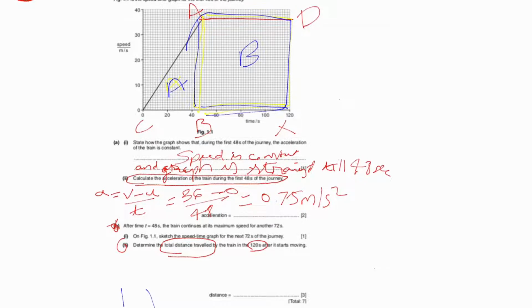So total distance covered equals the area of triangle ABC plus the area of this quadrilateral ABXD.